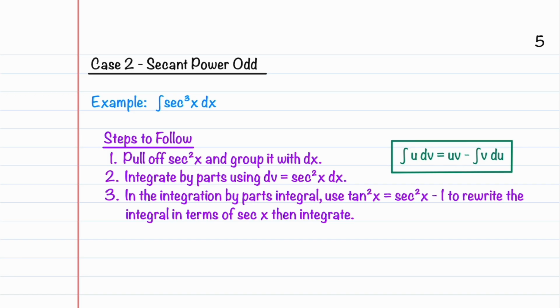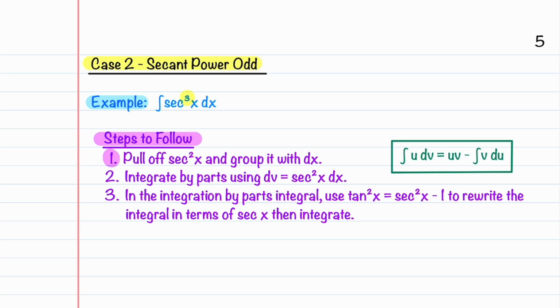The second case we're going to look at is when we're integrating an odd power of secant. The example that we're going to look at is secant cubed x dx. I've written down steps that we can follow, and we'll walk through these one by one. Our first step is to pull off secant squared x and group it with dx.